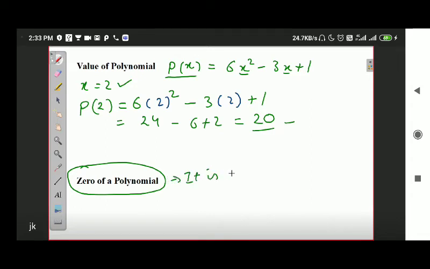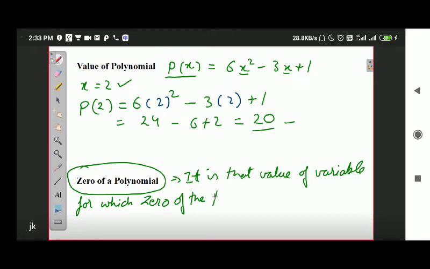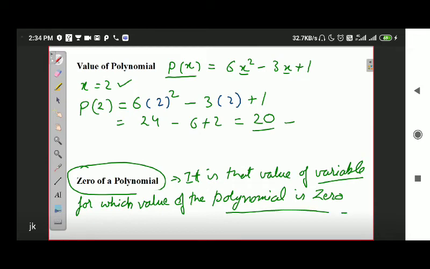It is that value of variable, here it can be x or y or anything else, for which the value of the polynomial is 0. Okay, let's see some questions regarding this.